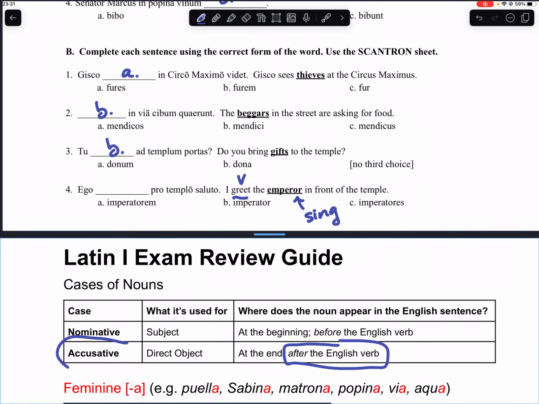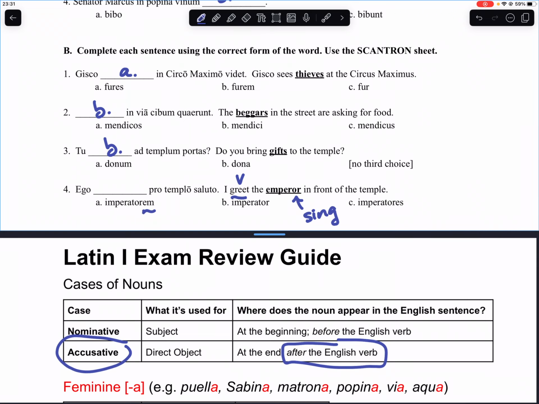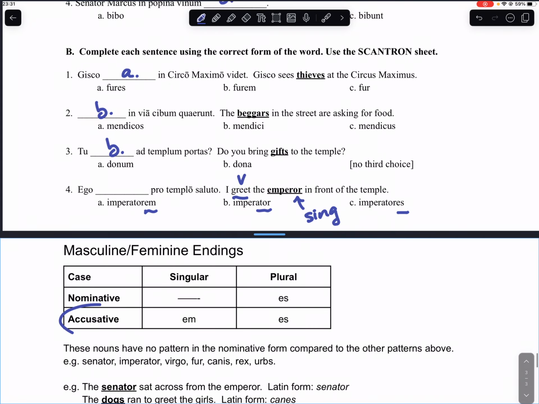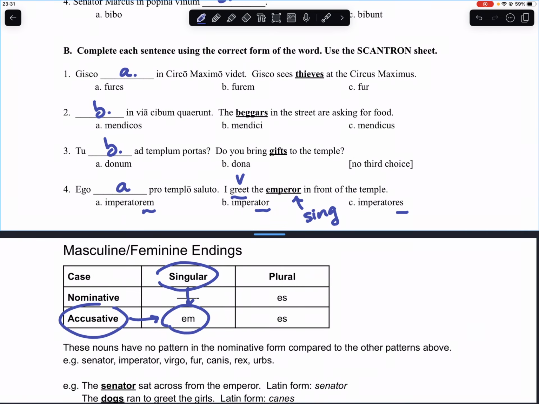So I know that that's accusative. I know that it's singular. So which one of these forms looks like accusative and singular? So let's take a look. Accusative singular, and the intersection is -m. So we're going to have the letter A, imperatorem.